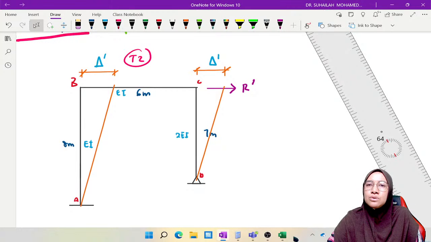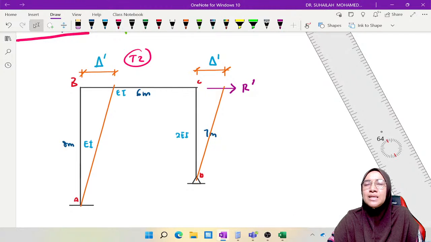So the steps that I want to show you are based on the given example in the textbook. But before that, one important thing: whenever we want to assume FEM due to side sway, we must understand that FEM is the behavior.